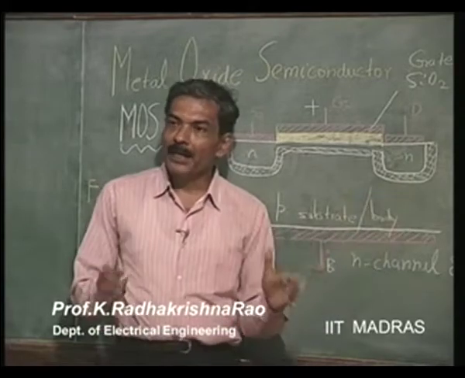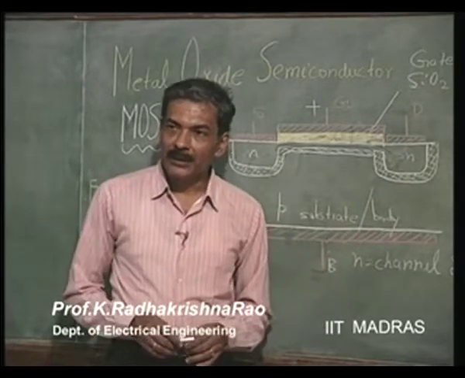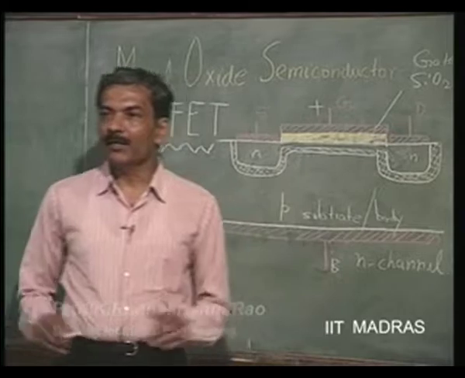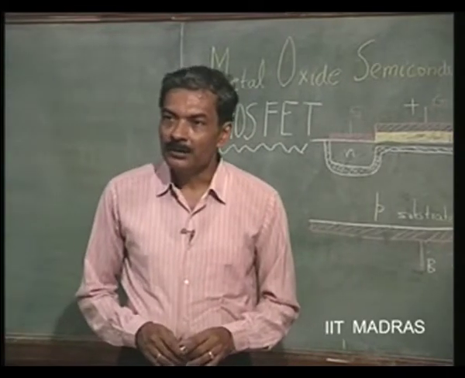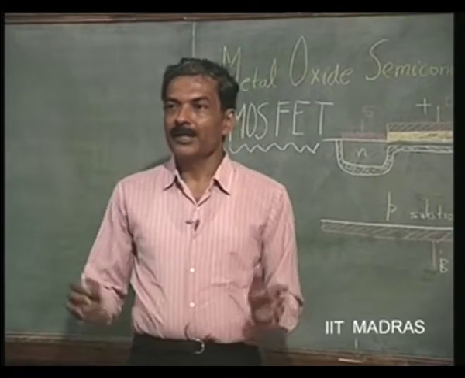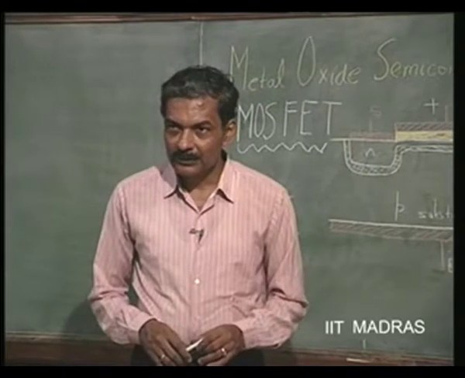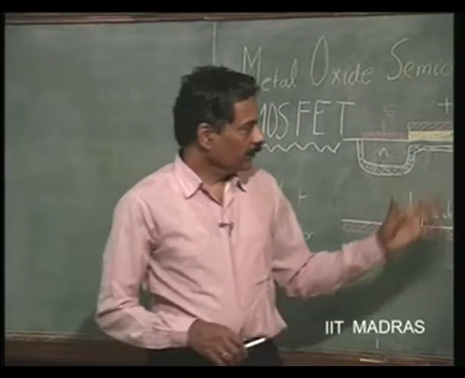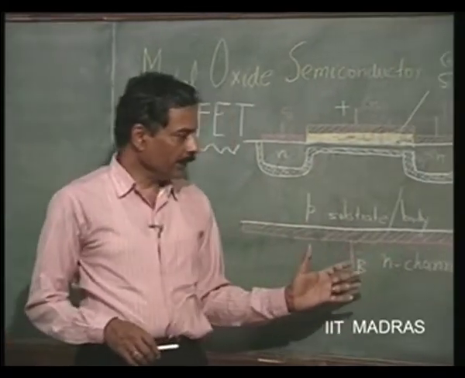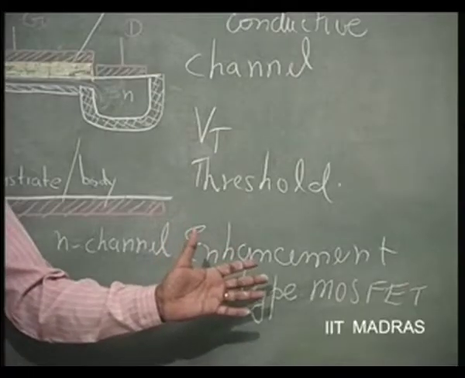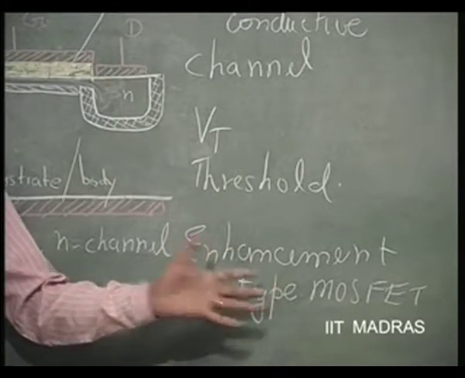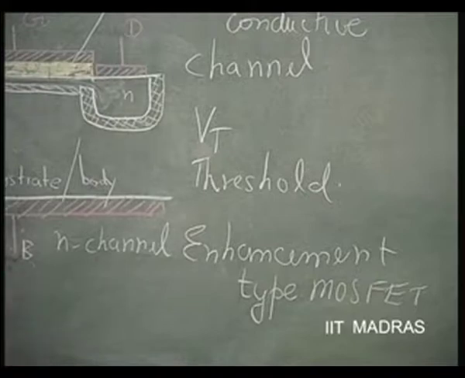So, they are very good switches, and that is why these are universally adopted in all gates and digital circuits. This has become a popular device in digital circuits because by nature it is off.